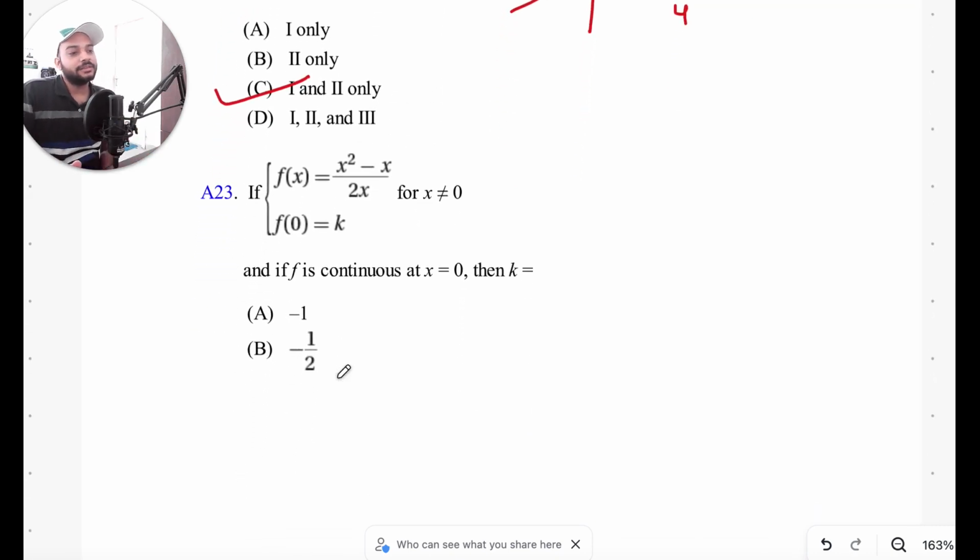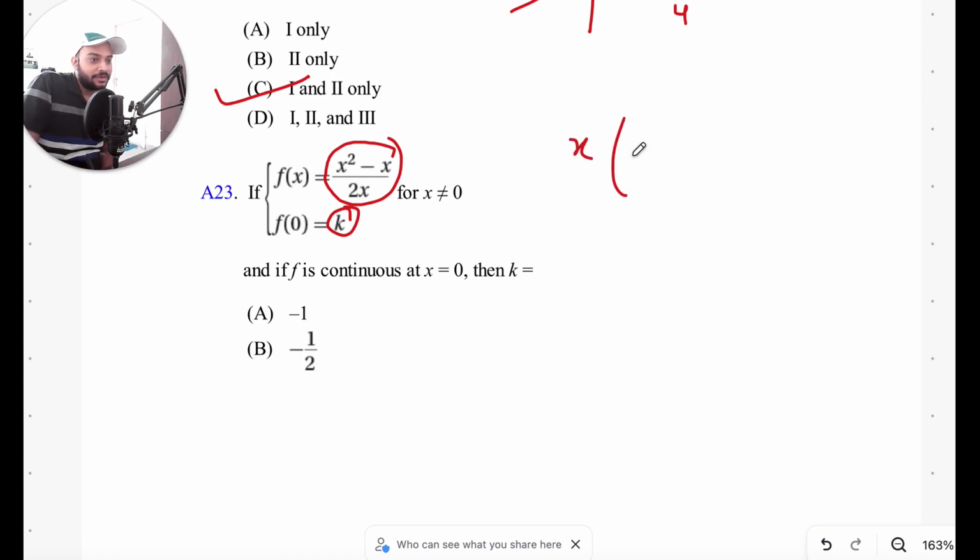23. If f of x is equal to x square minus x over 2x for x not equal to 0 and f of 0 is k, and if f is continuous at x is equal to 0, then k is. Okay, perfect. For f to be continuous at x is equal to 0, k should be the same value which occurs at this function at x is equal to 0. Let's see. So x, I take common on the numerator, x minus 1 over 2x.